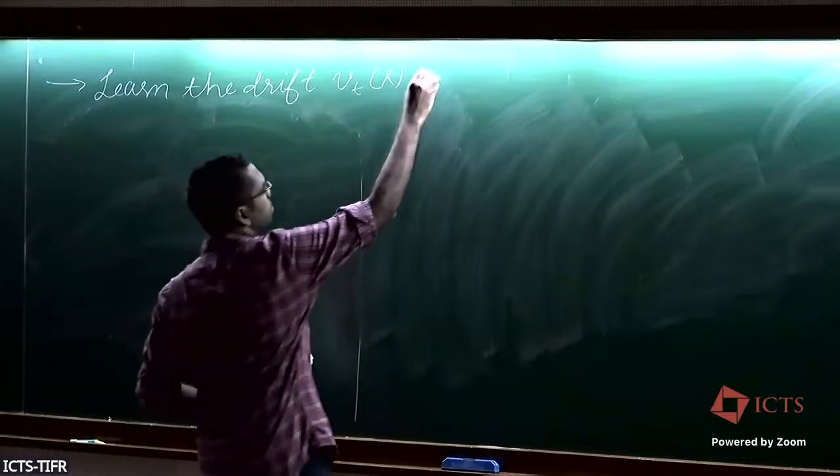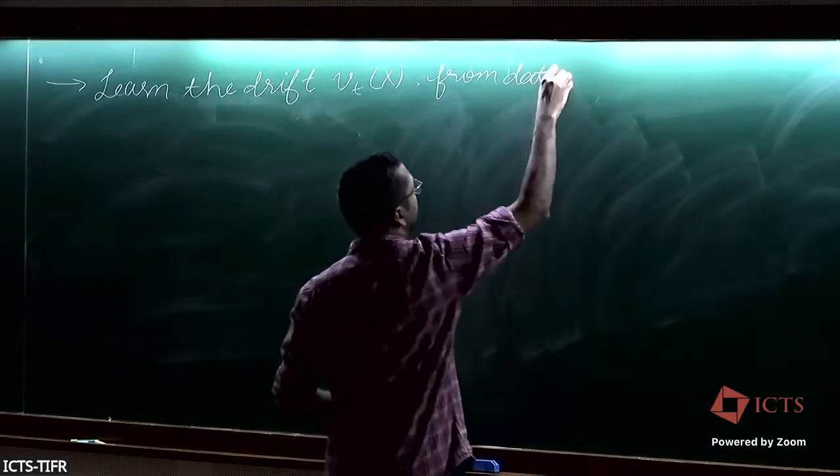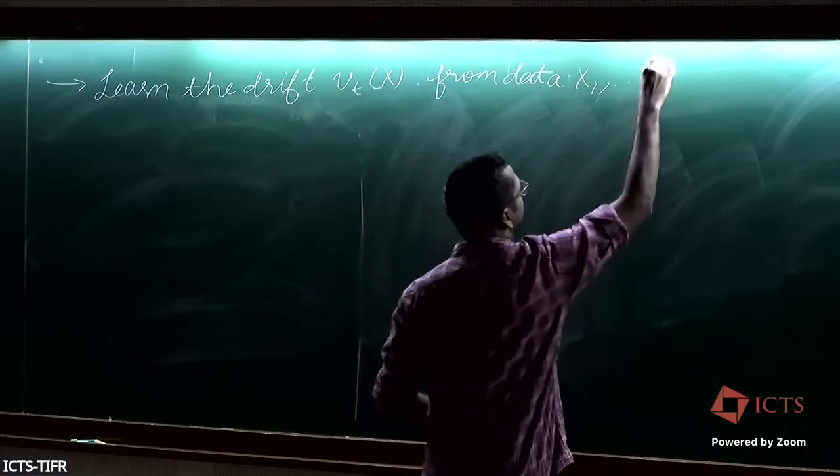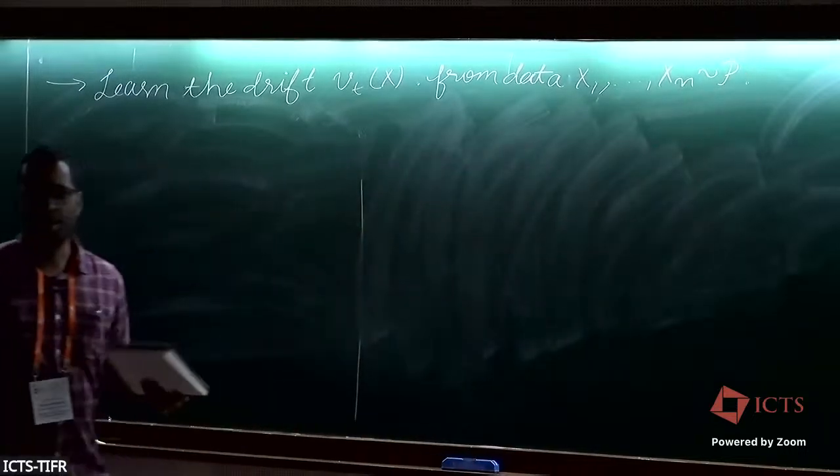It's a function of time and space. So we need to learn it from data x1 through xn, which is distributed as some distribution p.